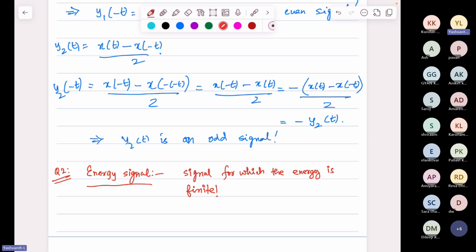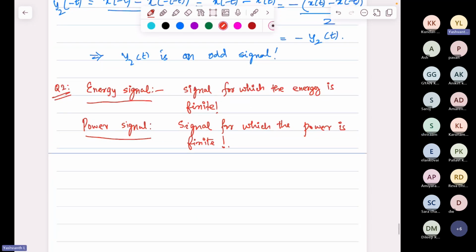Next, what is a power signal? A signal for which the power of the signal is finite. So these are the definitions of an energy signal and a power signal.